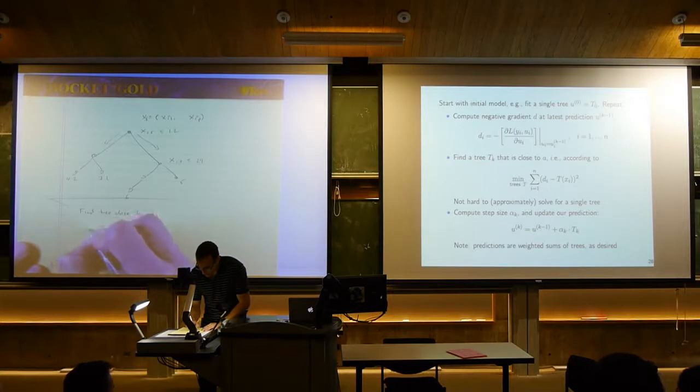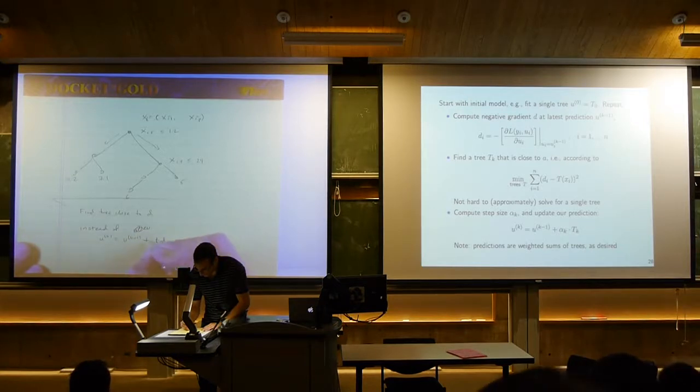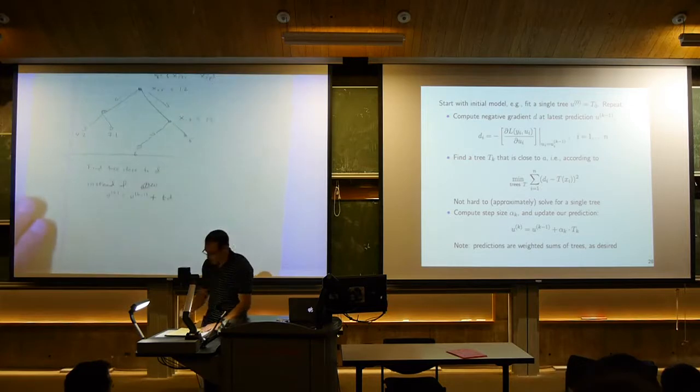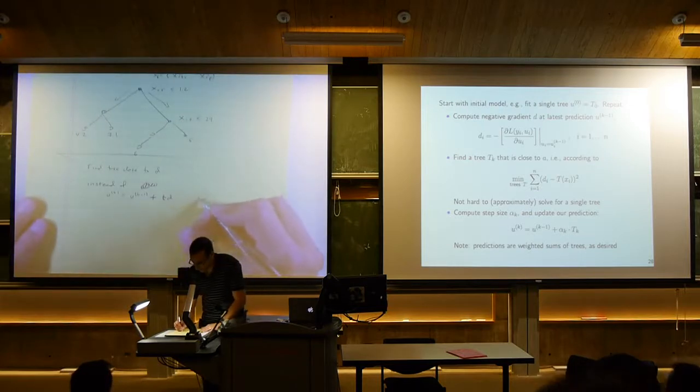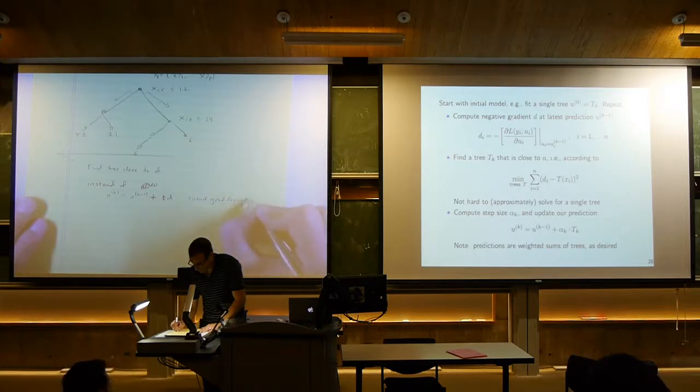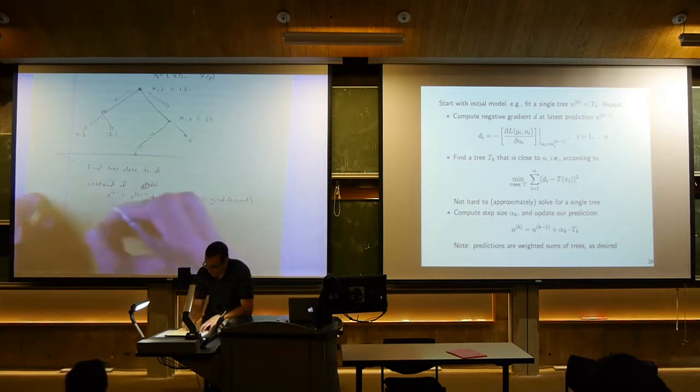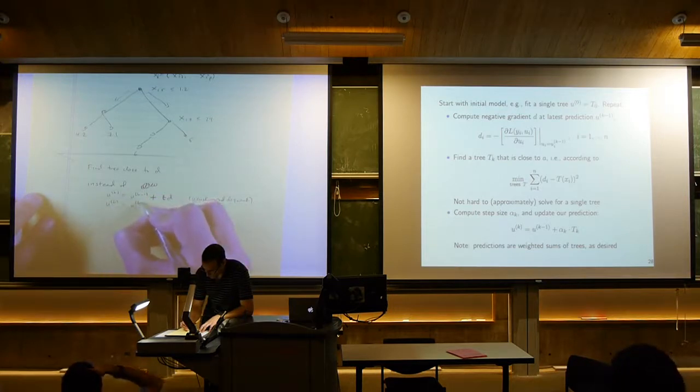So instead of doing u_k equals u_{k-1} plus t times d, as I would do in the usual gradient descent, I actually do this: plus t times a tree.